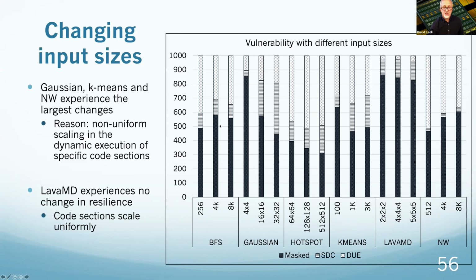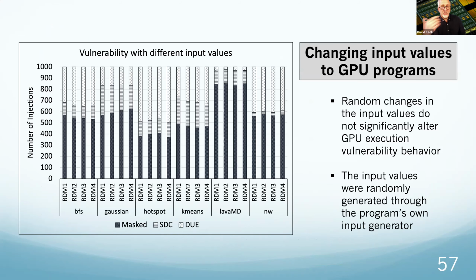And so here we see a shift. Gaussian seems to be very sensitive in terms of the profile, and again, all we're doing is changing the size of the input. We're not necessarily changing the data values or the profile of the data values. When we change the data values to programs, we can just randomly change the input values.